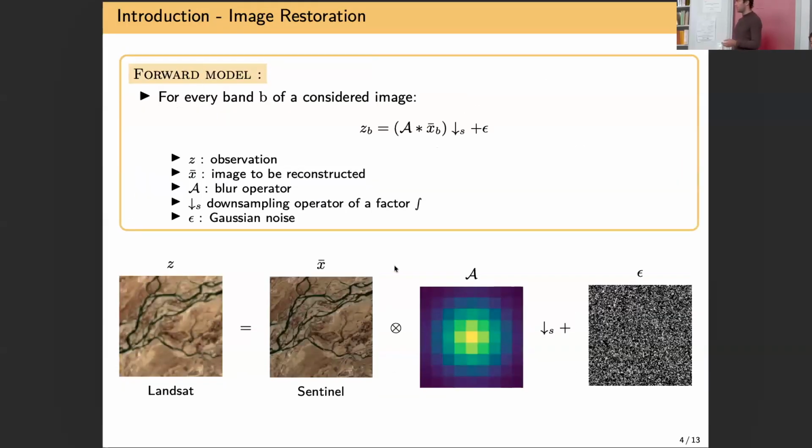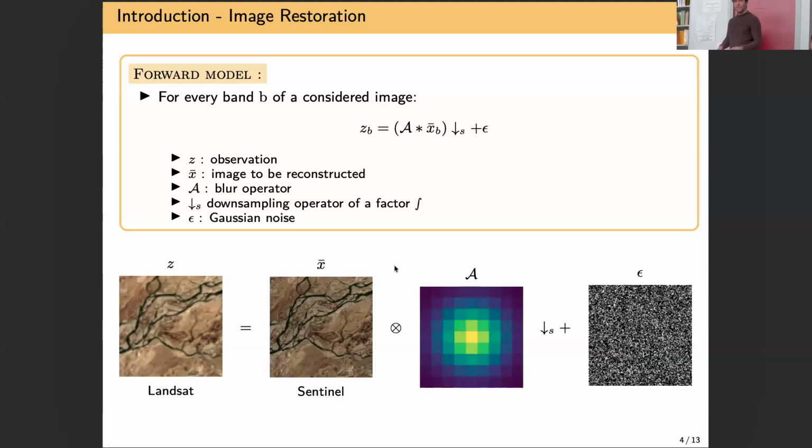Because it's a learned model-based method, we first have to define a model that is coherent with the data that we will use. Here we have the model that we use. We have Z_B, with B the different spectral bands that we considered. Z is the Landsat image at a lower resolution. We want to retrieve the higher resolution image that is contained inside Z, which is in our case Sentinel-2, as an example.